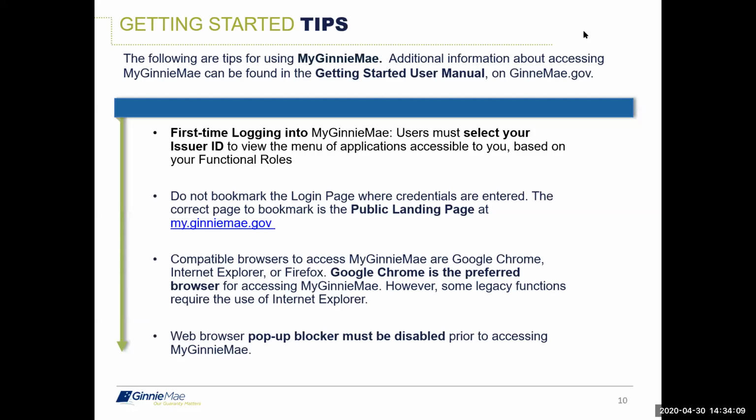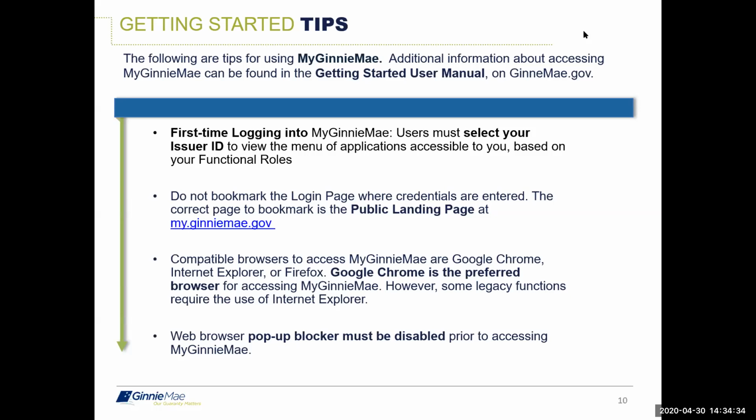This will make sure that the business applications are populated properly. There are instructions on this in the Getting Started user manual. The very first time you log in, you will need to go to My Profile and select your issuer ID in order for those business applications to populate properly, okay?